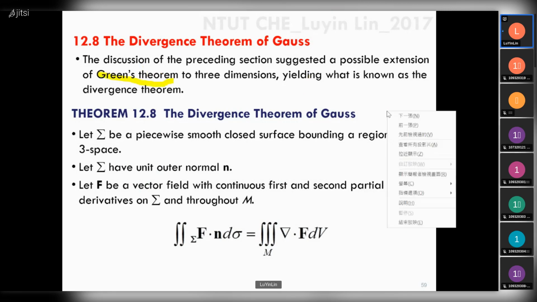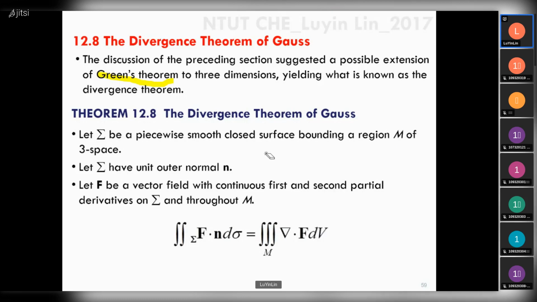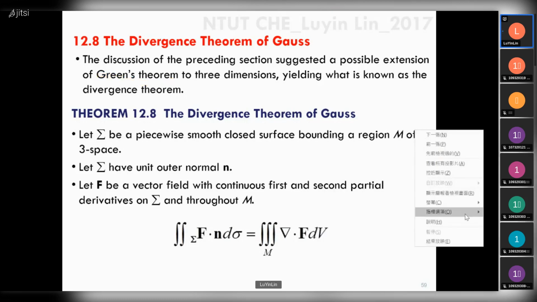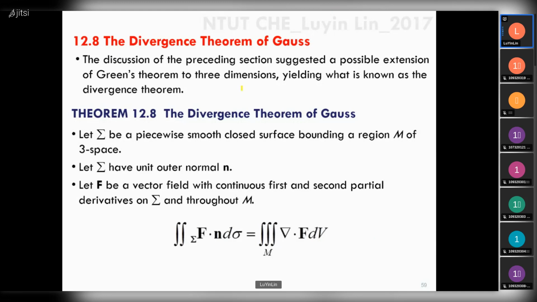We lift Green's theorem to the Gauss divergence theorem. So from Green's theorem to three dimensions, we have the divergence theorem.